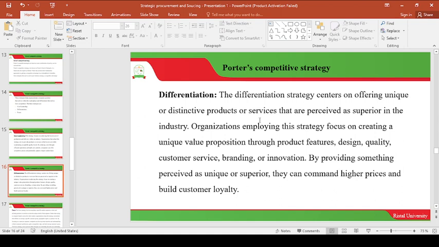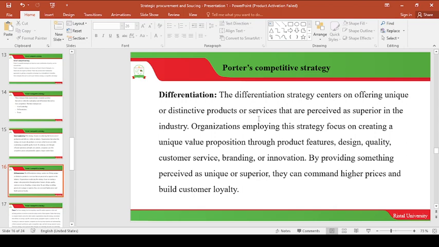customer loyalty. So if the product is perceived to be unique or superior, you can command any price that you want. You don't use cost leadership, because you don't want to be the low cost provider, the leader in the market. No, because now you have built your brand loyalty, and customers will buy your product because of its quality, its design.